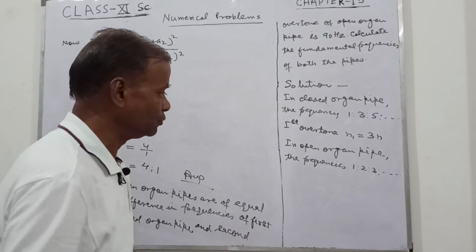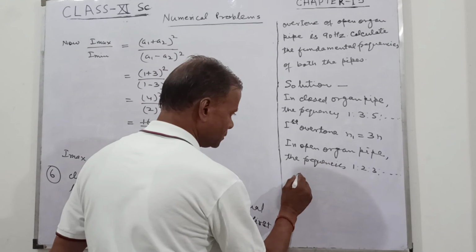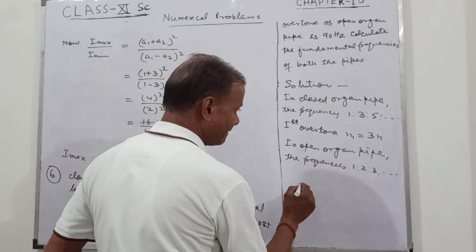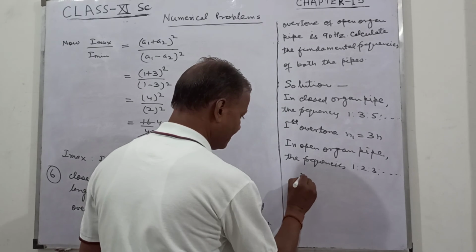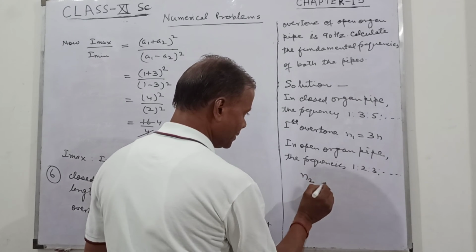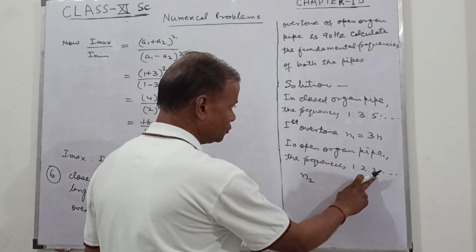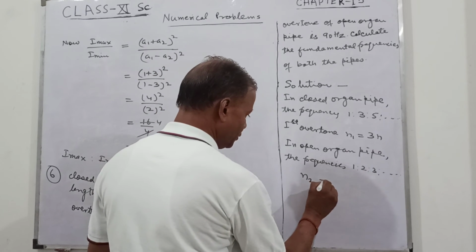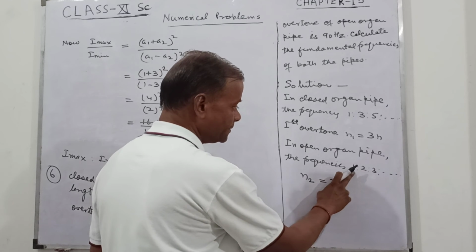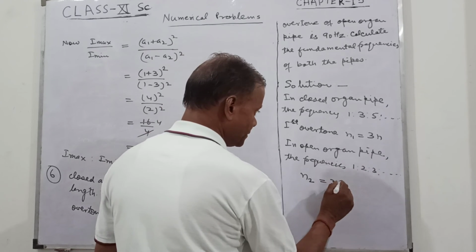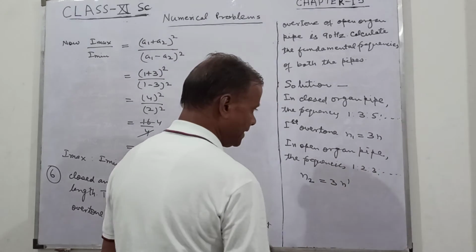So second overtone N2 equal to 3 times the fundamental frequency, suppose N dash.